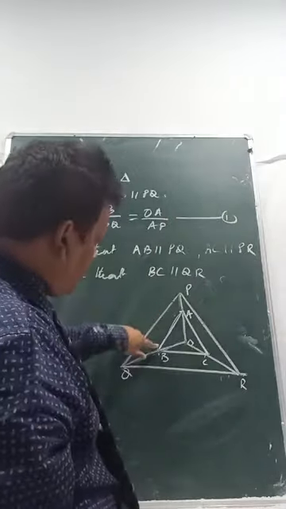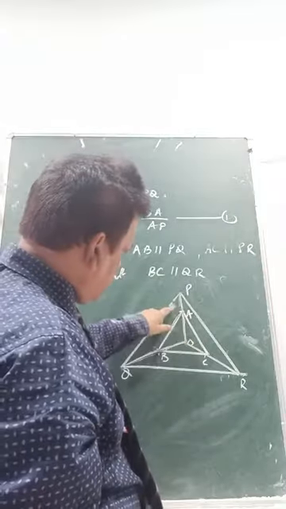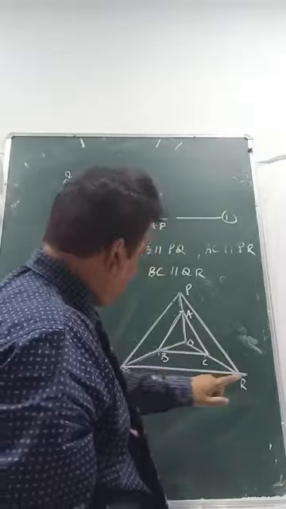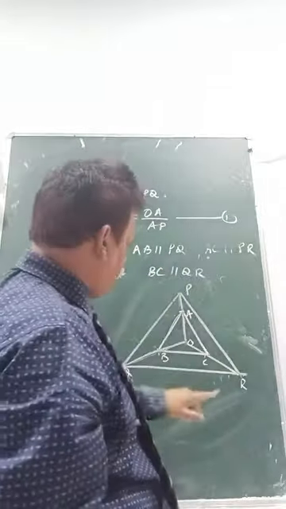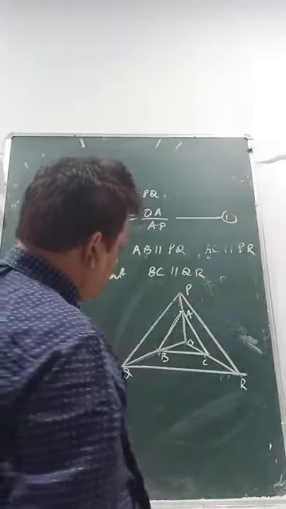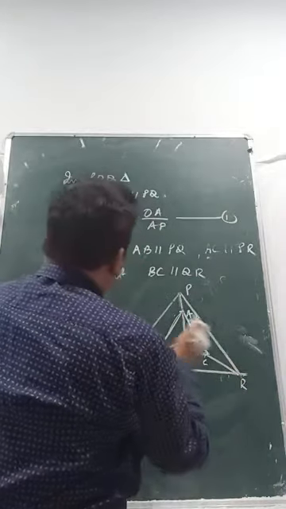Okay, this is parallel. Now you come to this side. AC is parallel to PR, so which triangle? This means OPR triangle.